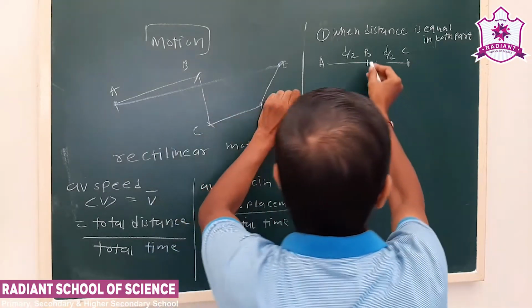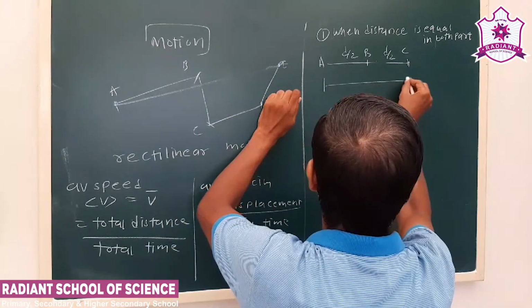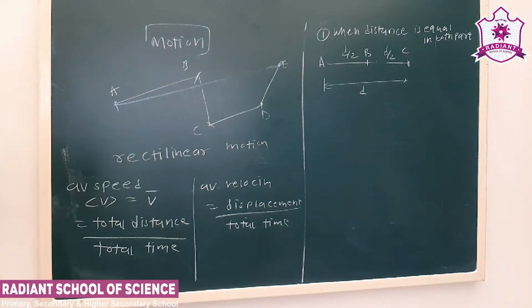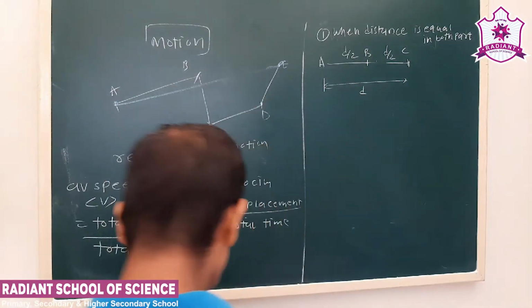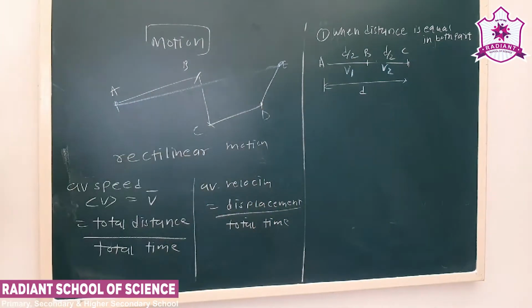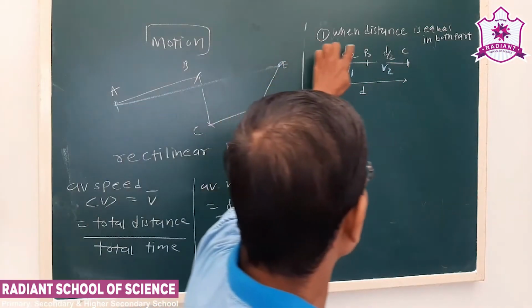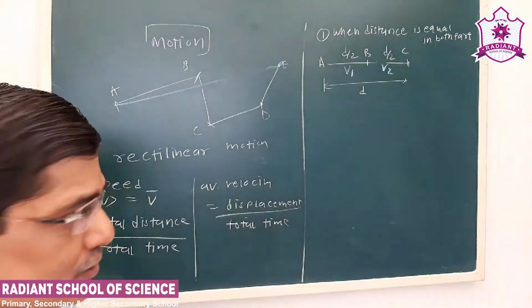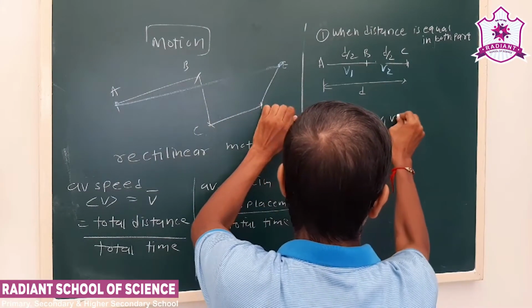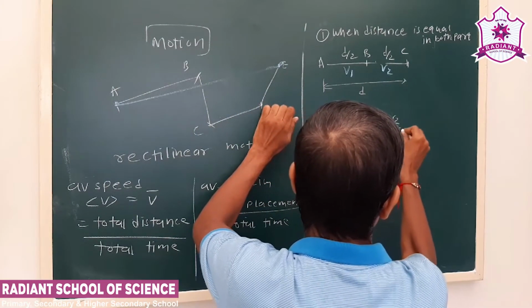Here the total distance is d, divided into two parts, d by 2 and d by 2. We know the speeds are different, let us say v1 and v2. Total distance is d, but the two parts are of equal distance, so we derive the relation: average speed v is 2v1v2 upon v1 plus v2.